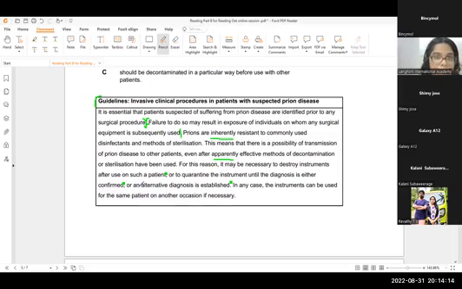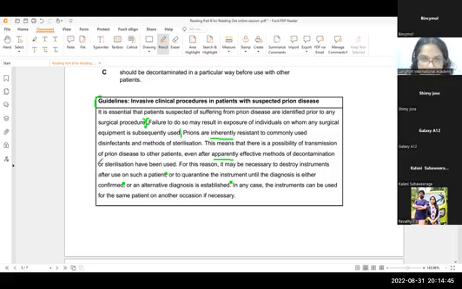Whether the patient has prion disease and underwent the surgery, or the patient did not have prion disease, whatever the scenario, you can use the surgical instrument on the same patient if you want, on another occasion. You can save the instrument to be used for this particular patient for whom you suspected prion disease, but not for other patients.